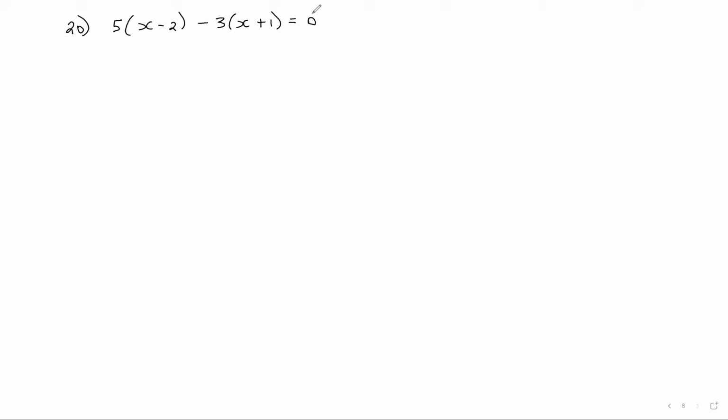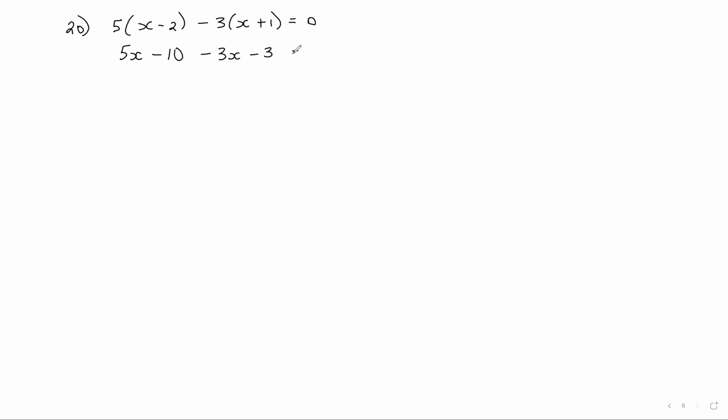Okay. So first, you'll multiply the first bracket, and it'll be 5x minus 10, with an x minus, and then it'll be 3x and a minus sign and 3.